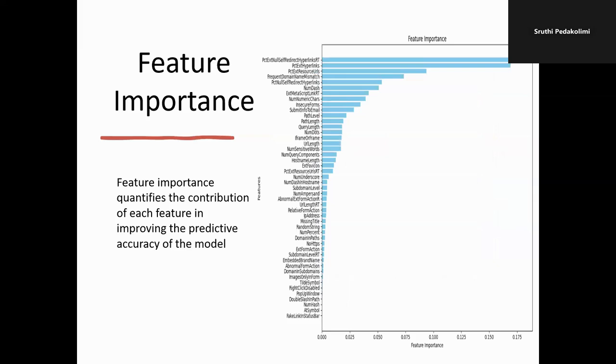In addition, we also calculated the feature importance scores using random forest. These scores provide a clear ranking of which features have the greatest impact on classification. Here, for example, features like PCT external hyperlinks, which measures the proportion of external hyperlinks in a URL, and num-sensitive words, which count words often associated with phishing, stood out as critical indicators for distinguishing phishing URLs from legitimate ones.